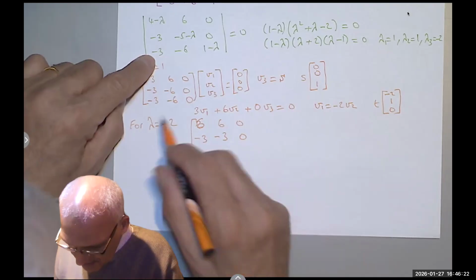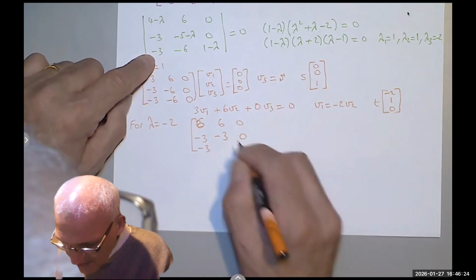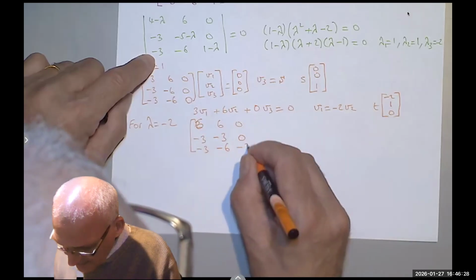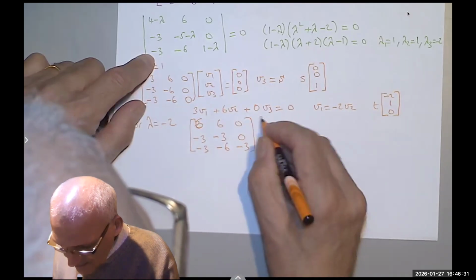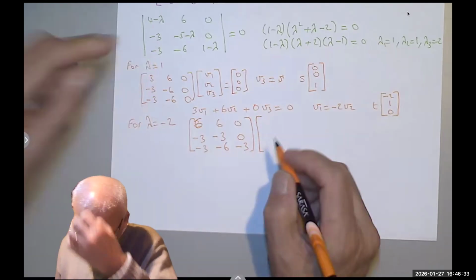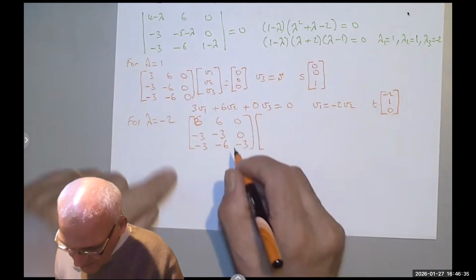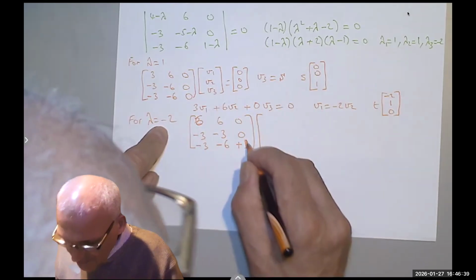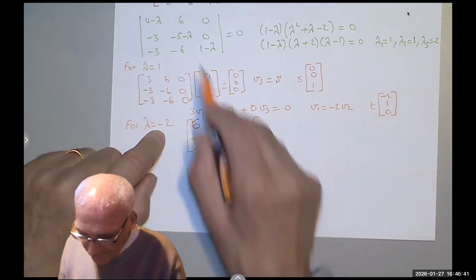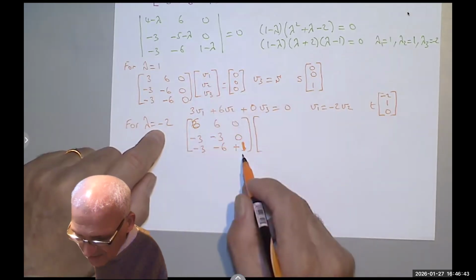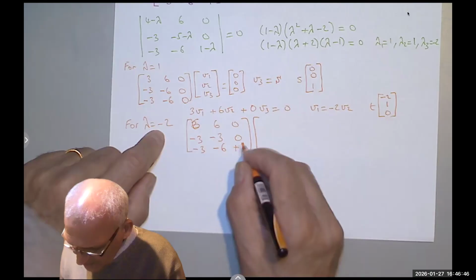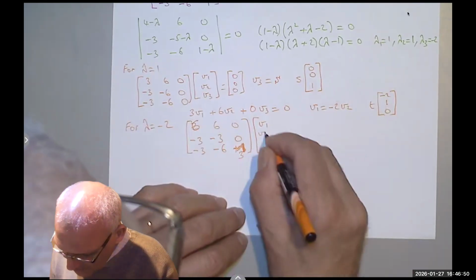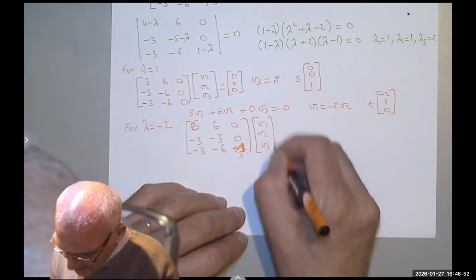And this one is -3, -6, -3. No, that's 1. Again, I subtracted 2 instead of -2. I'm sorry. So 1 plus 2 is 3. Why did I say negative in the beginning? Okay, times V1, V2, V3 equals 0, 0, 0.